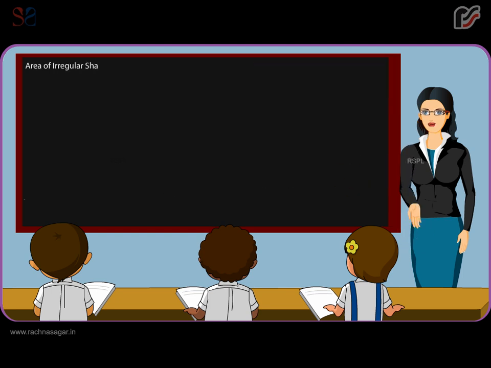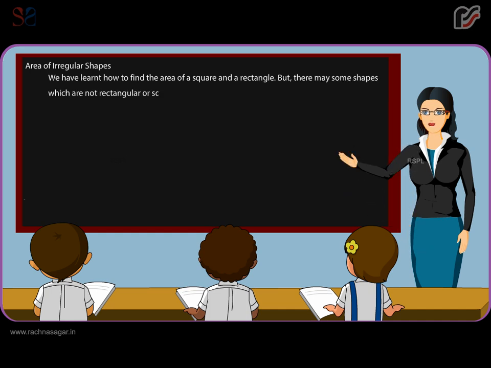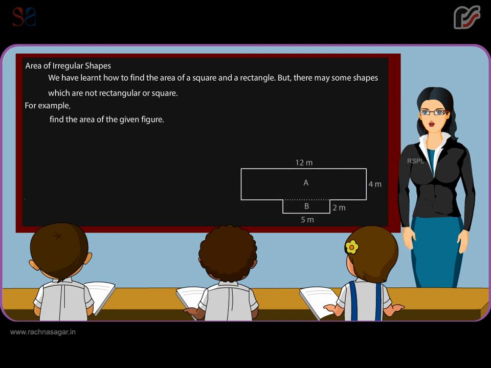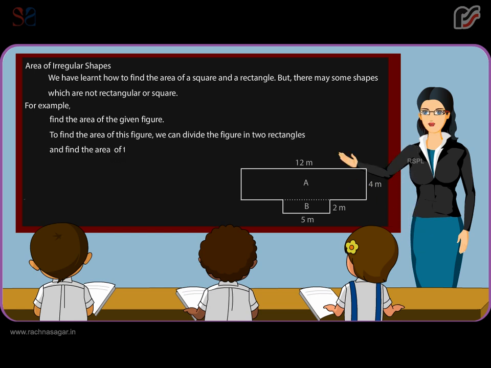Area of irregular shapes. We have learned how to find the area of a square and a rectangle, but there may be some shapes which are not rectangular or square. For example, find the area of the given figure. To find the area of this figure, we can divide the figure into two rectangles, find the area of them separately and add the areas for the complete figure.